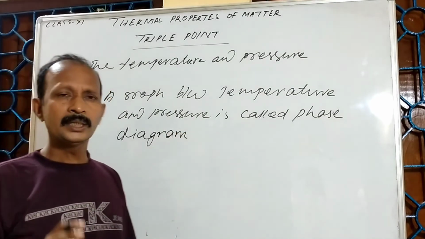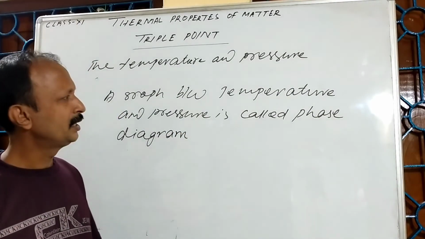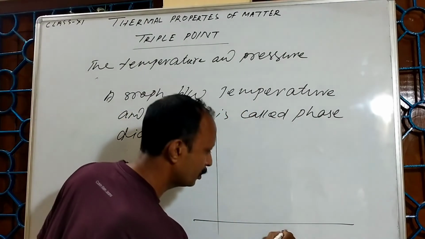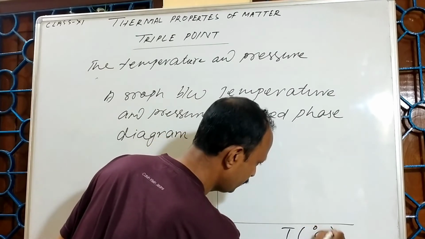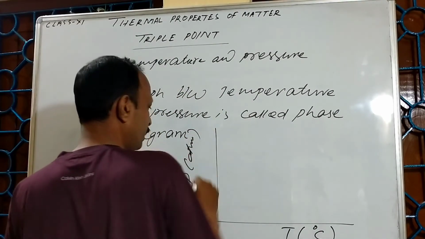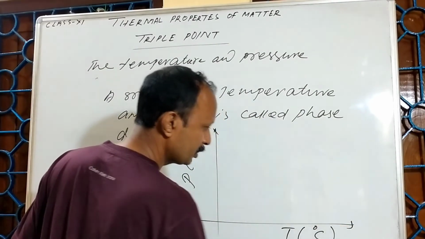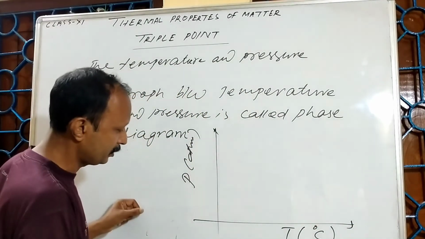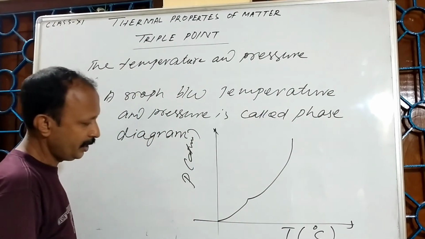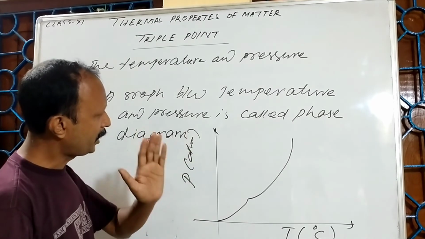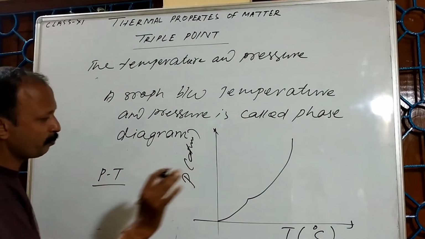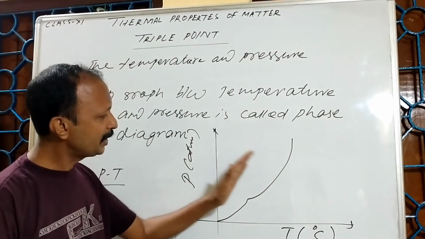See here, this is the temperature in degree Celsius, this is the pressure in atmosphere. I have taken pressure in the y-axis, temperature in the x-axis. In fact, the graph will be like this. The diagram divides the pressure temperature plane into three regions.